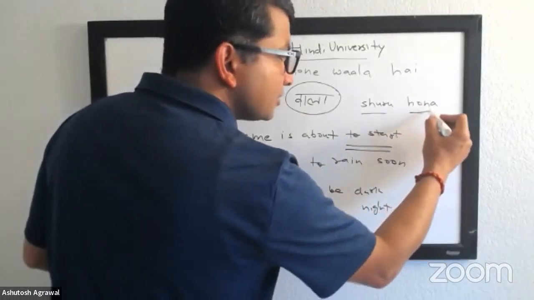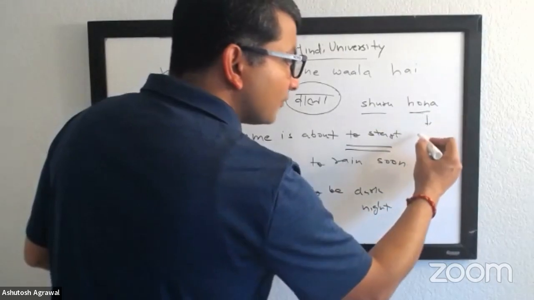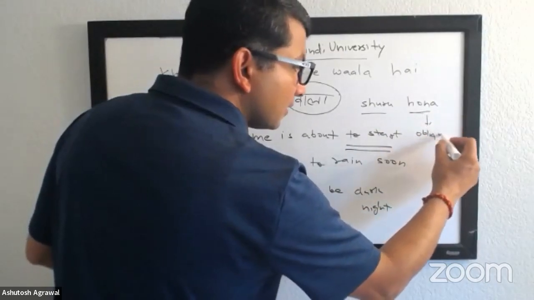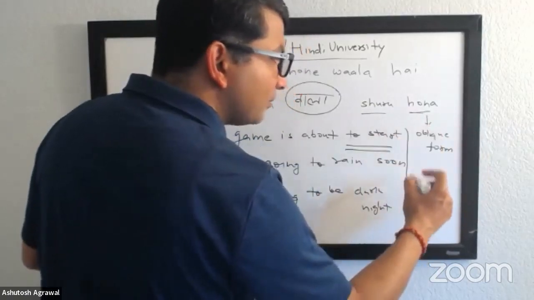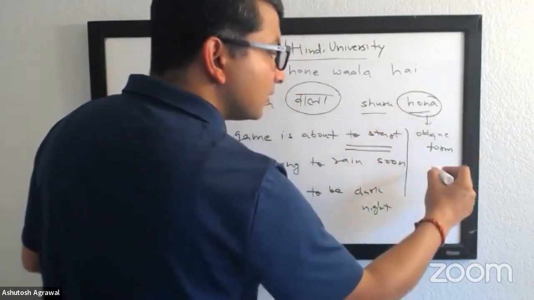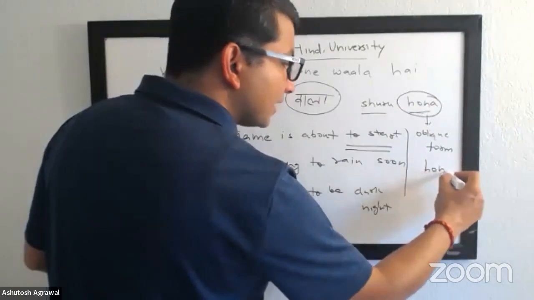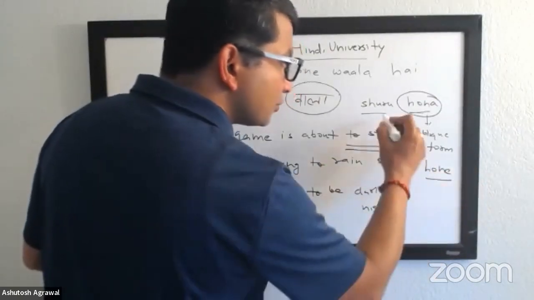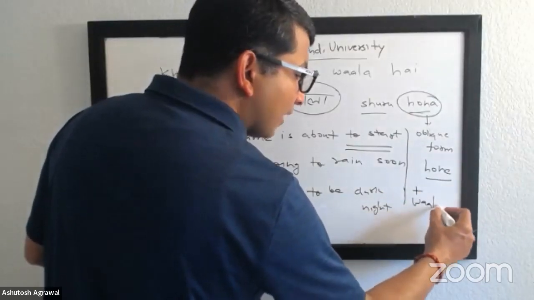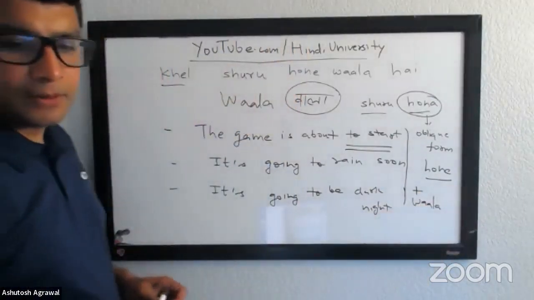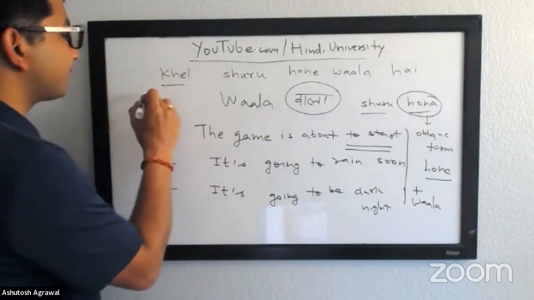What you do is you take the oblique form of the verb. What is the oblique form? Hona becomes होने, hone. So the verb becomes shuru hone, and you add wala to it.